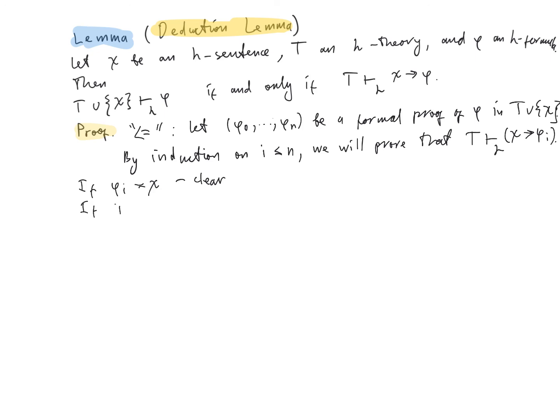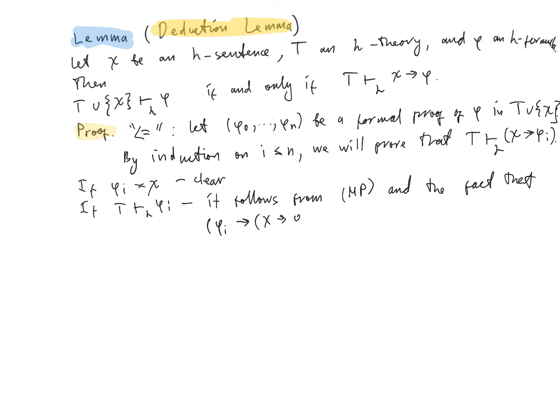And also if T proves φ_i, then it follows from the modus ponens rule and the fact that the formula φ_i implies (χ implies φ_i) is a tautology.